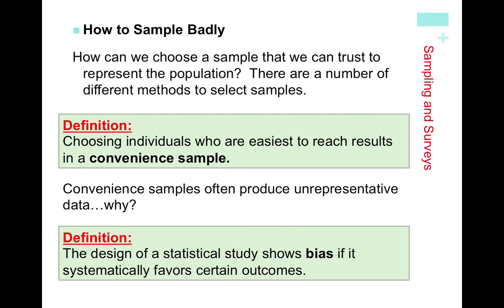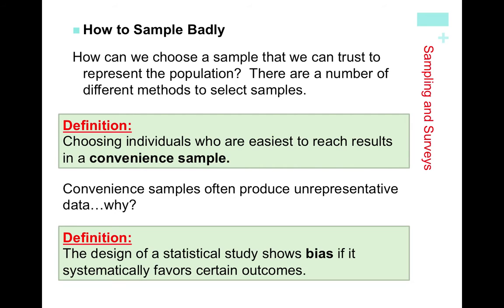So the design of a statistical study shows bias if it systematically favors certain outcomes. So bias is the result of a bad study design. It's going to consistently miss the truth about the population in the same way. So again, with going to the library to find out homework time spent, you're probably going to overestimate.